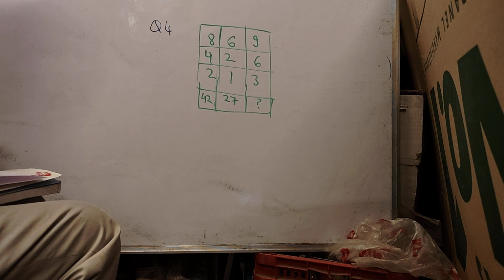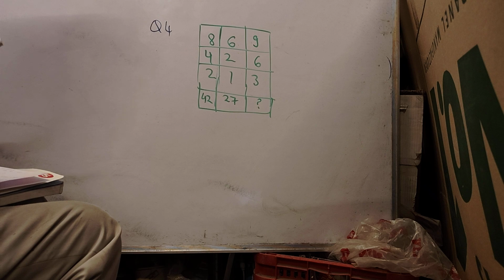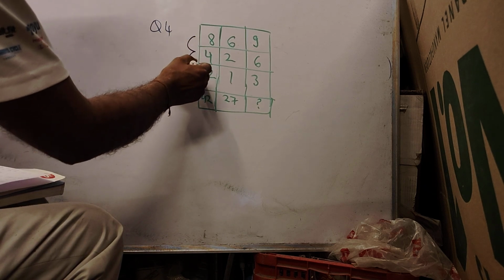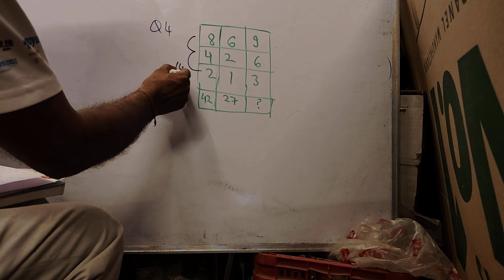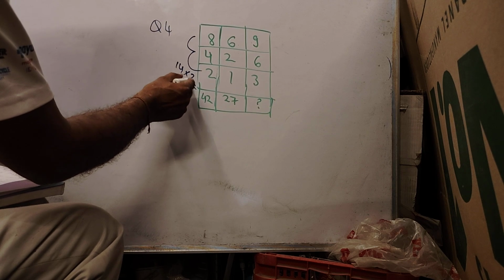Yes. I figured out the pattern. So basically, you first add 8 plus 4 plus 2, which equals 14. So 14 times what equals 42? 14 times 3 equals 42.